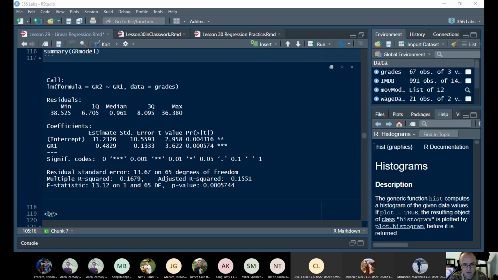So we should not have to worry about the multiple R. It is simply a measure of the R squared of a model with multiple predictors, and it measures the amount of variation in the response variable that can be explained by the predictor variables.